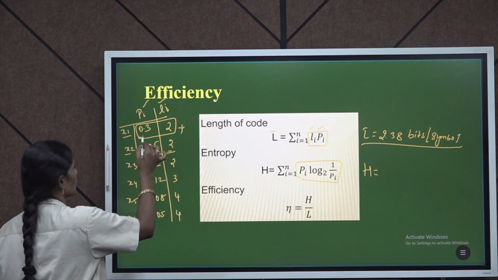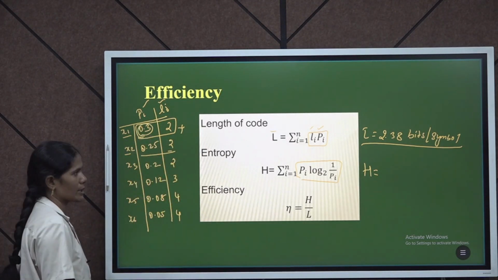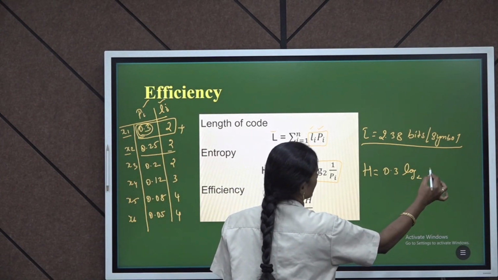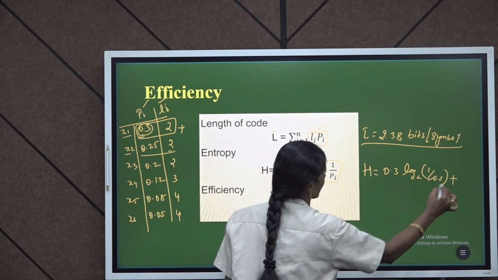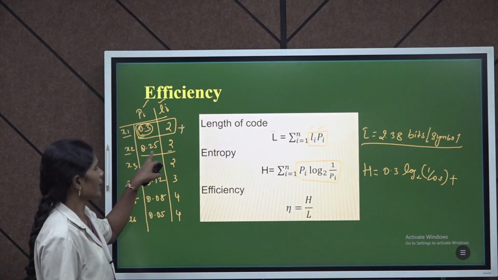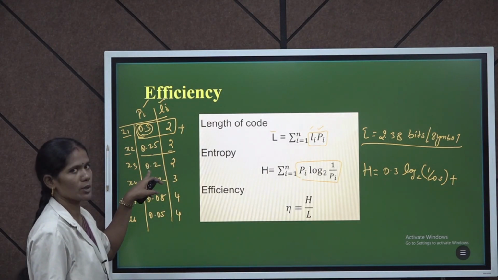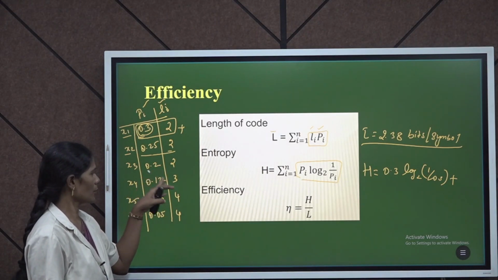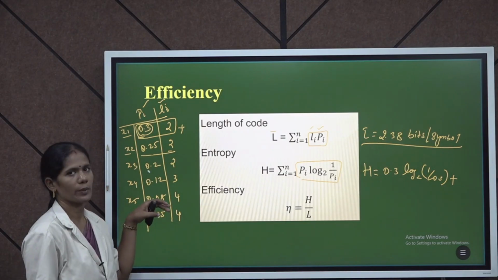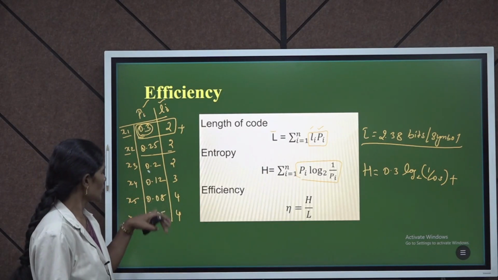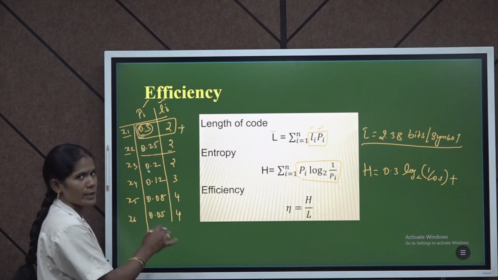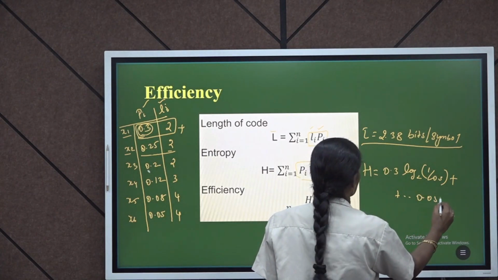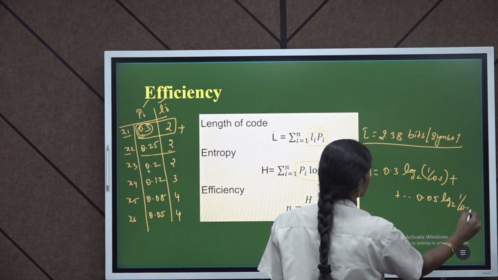The Pi here is 0.3, so 0.3 log 2 of 1 by 0.3, in continuation with 0.25 log 2 of 1 by 0.25, 0.2 log 2 of 1 by 0.2, 0.12 log 2 of 1 by 0.12, and then followed by 0.08 log 2 of 1 by 0.08 and then 0.05 log 2 of 1 by 0.05.